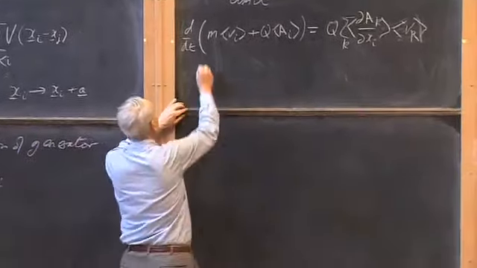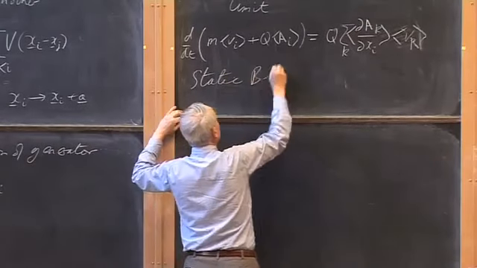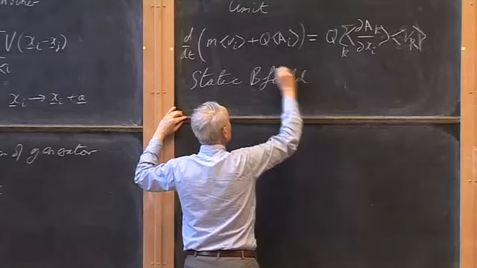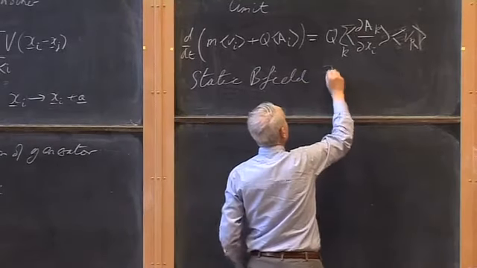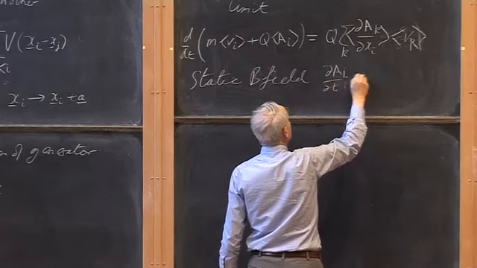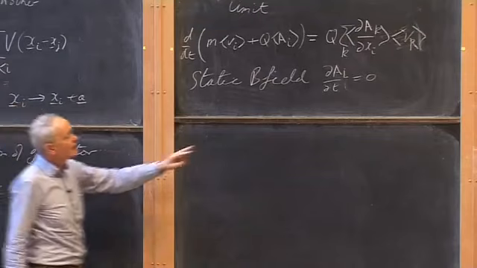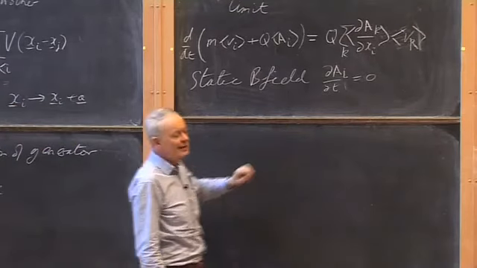So suppose we have a static B field. That means that the partial derivative of A with respect to time can be taken to vanish. If this thing were non-zero, it would generate an electric field.